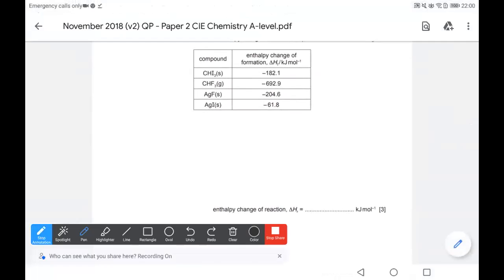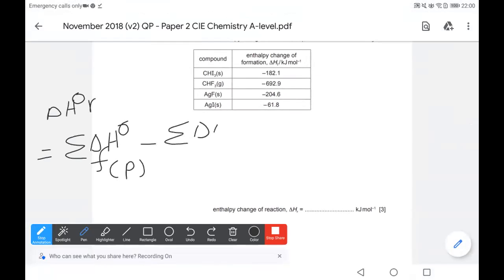Total enthalpy of reaction equals total formation enthalpy of products minus total formation enthalpy of reactants.